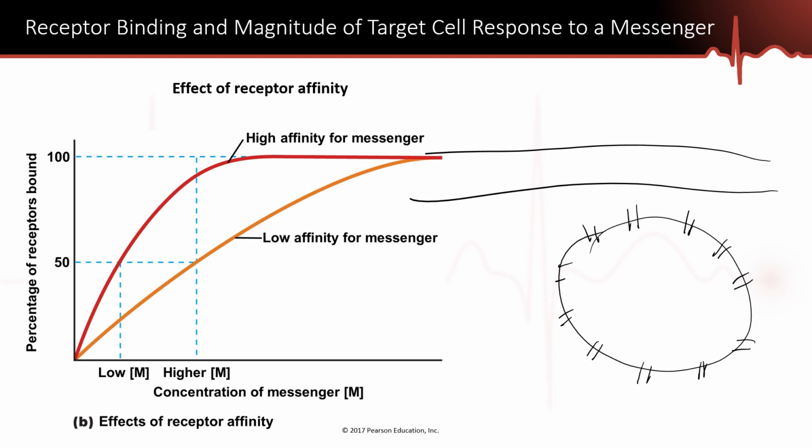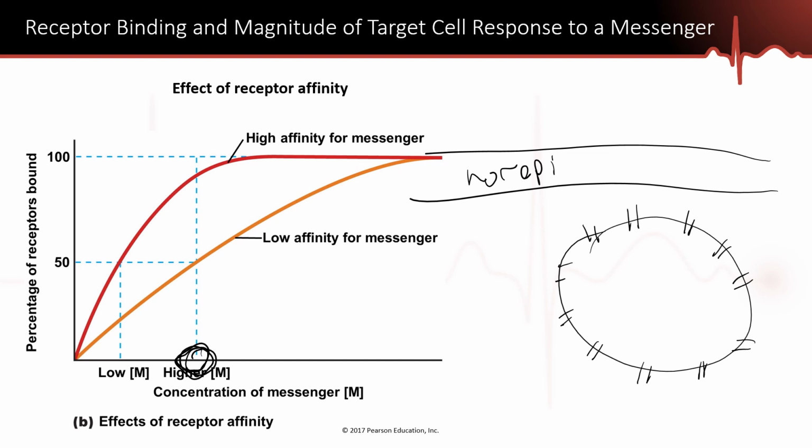There's a certain amount of norepi in the bloodstream right now. Let's say that concentration is right here. Now, these adrenergic receptors have a pretty low affinity for norepinephrine. They don't bind norepinephrine all that well.